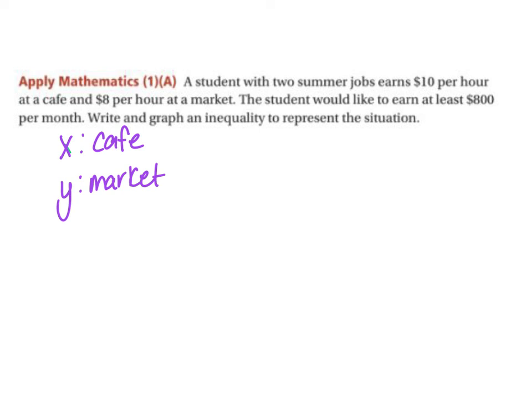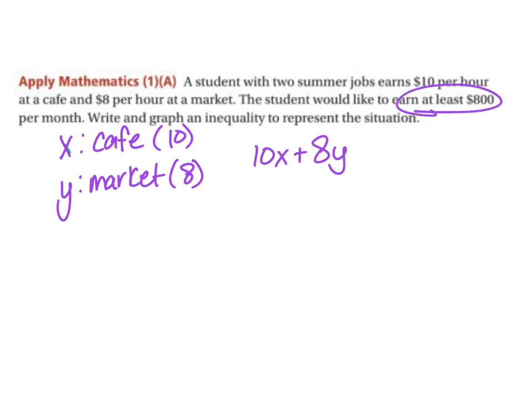So the cafe is $10 while the market is $8. Notice all I'm doing is organizing, pulling out the information from here. So then I would write this as 10X plus 8Y. And we want to know, he wants to earn at least $800. So can he earn more then? Absolutely, but he wants to have at least $800.